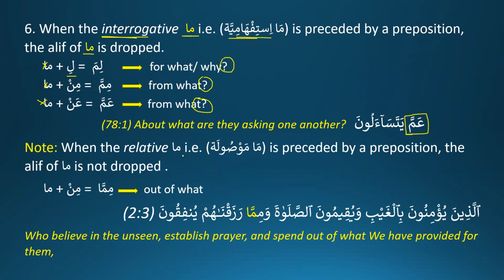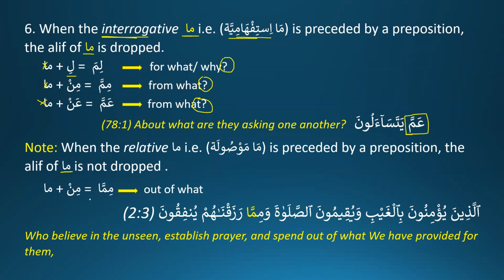When the relative ma, which is called ma mausula, is preceded by a preposition, then the alif of ma is not dropped. So sometimes in the Quran you see that the alif is dropped, and sometimes the alif is not dropped. When the alif is dropped, that means this is the ma of interrogation, ma istifhamiya.